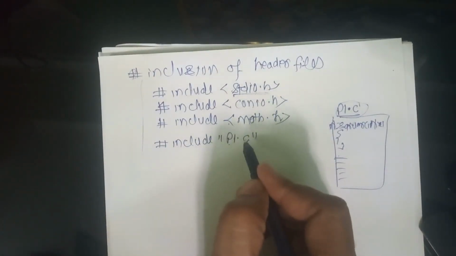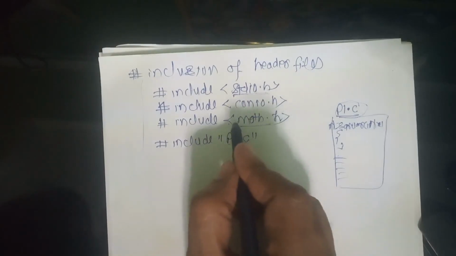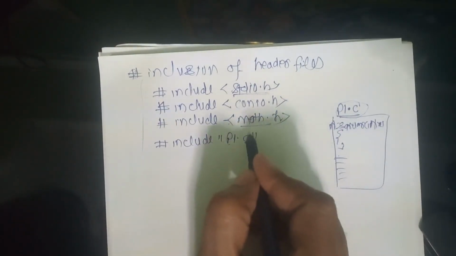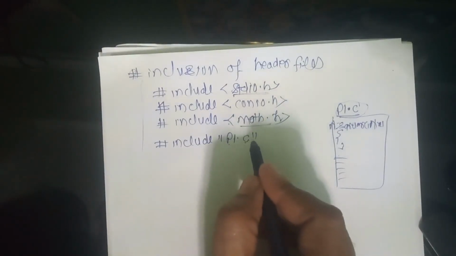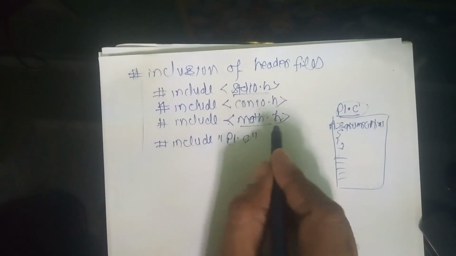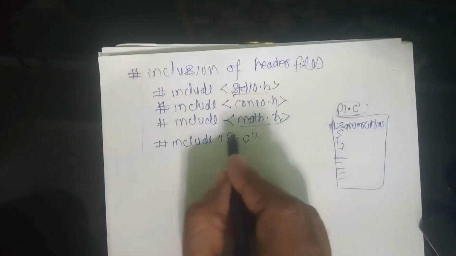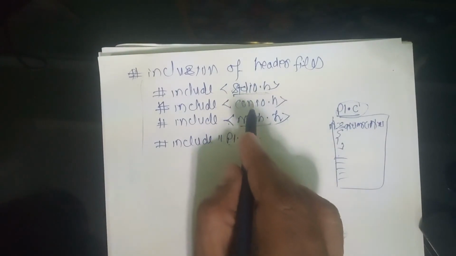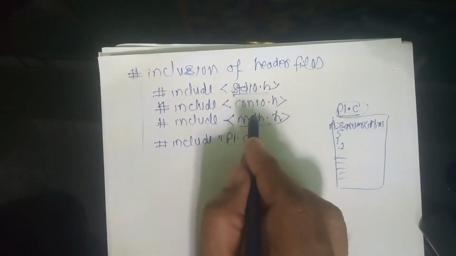Header files can be included either with double quotes or with the less than, greater than symbols. But your user-defined file can be included with less than, greater than only if this file is stored where all these header files are stored, that is, in the same directory.